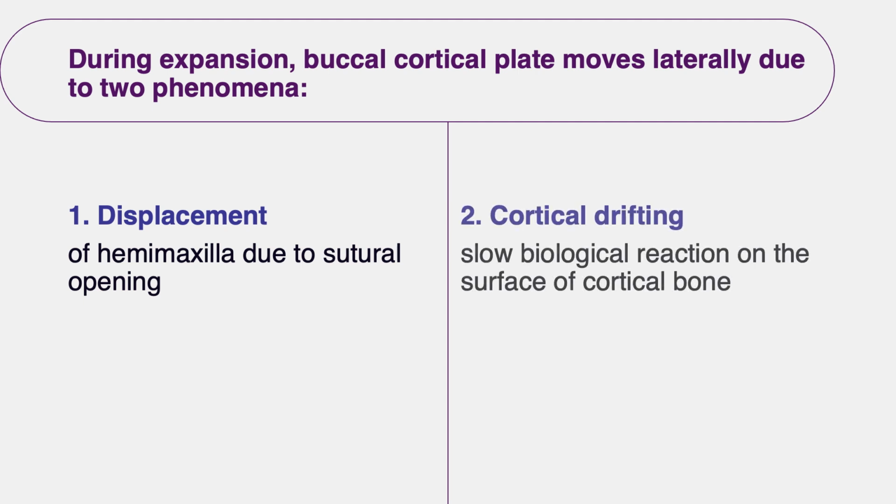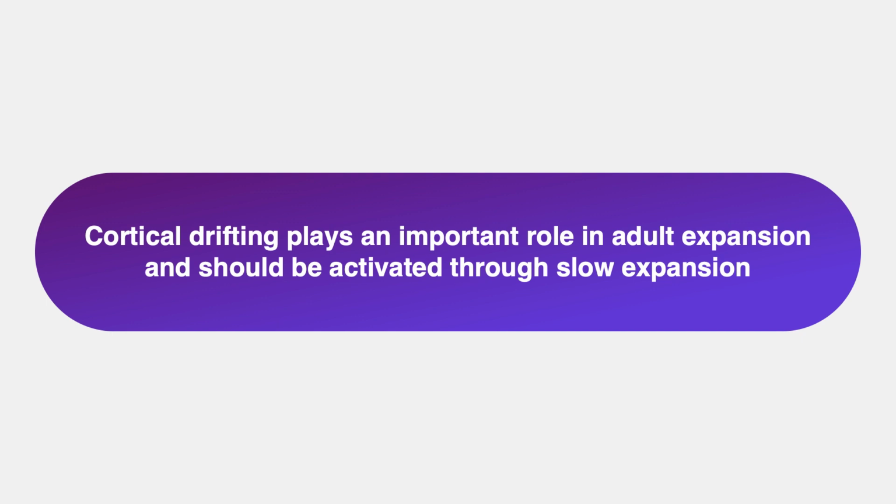Now we notice that by application of slow static forces, we have another biological target that is not a spontaneous movement of the whole hemimaxilla, but a layer formation of bone at the surface of the cortical bone, which argues that perhaps in adults we prefer to have a significant amount of cortical drifting due to the limitation of sutural response. Perhaps a slow expansion is a much better choice than rapid expansion.